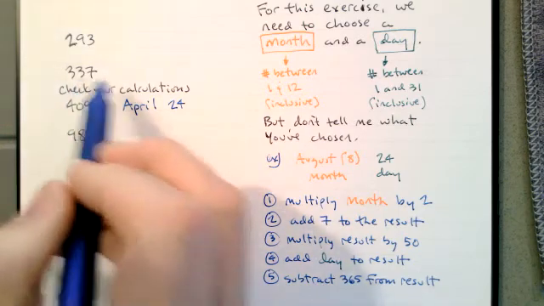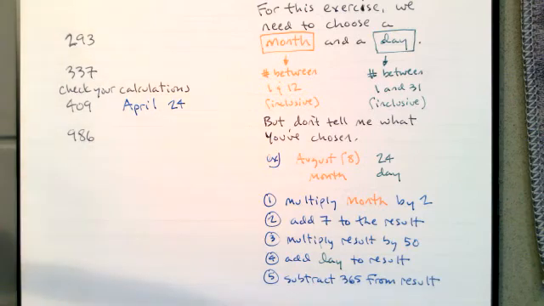So this 337 we still need to check on. That one's giving me a lot of psychic feedback. This 293, however, is giving me something on that border between the spring and the end of winter.